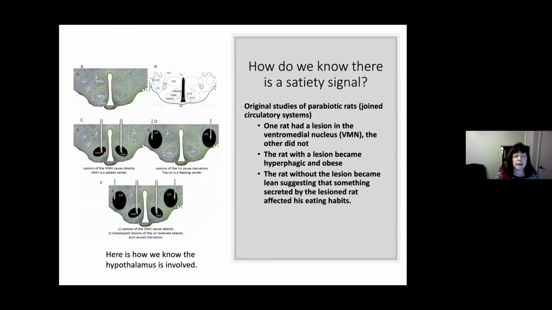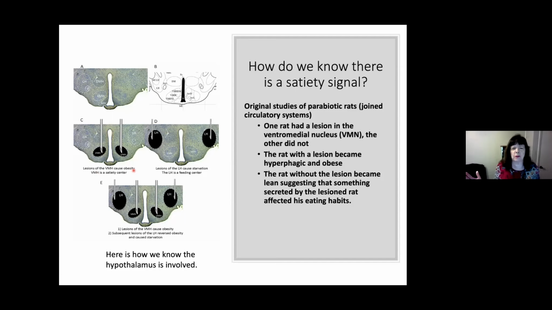And one of the coolest early experiments was that they'd go in there into rats or cats or whatever, and they'd lesion the ventral medial nucleus. Remember, here's a medial nucleus and it's ventral, so that you know where it is. Here's the third ventricle. And they discovered that if they lesioned that, it causes obesity.